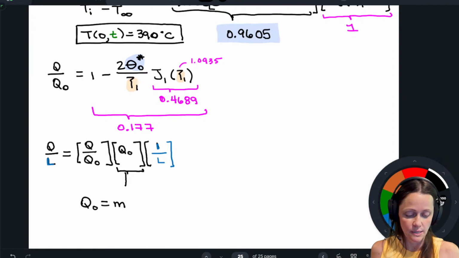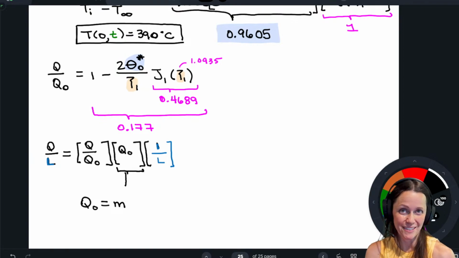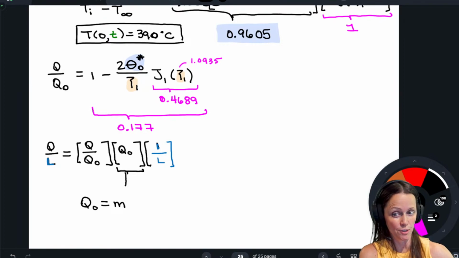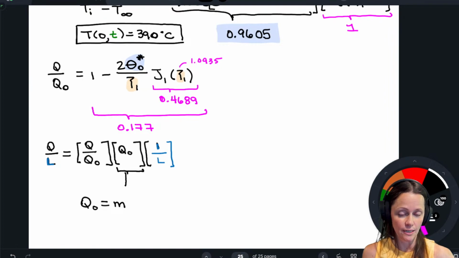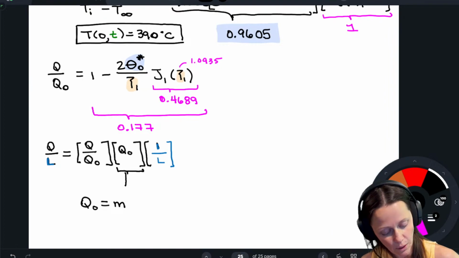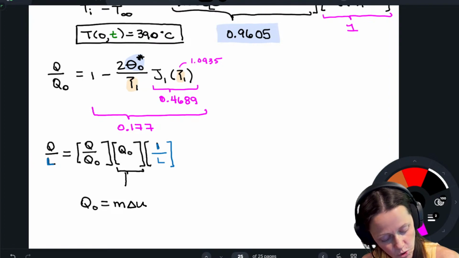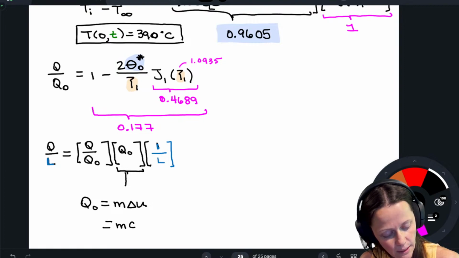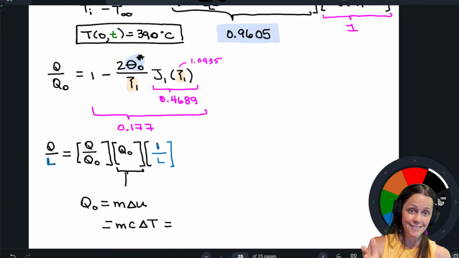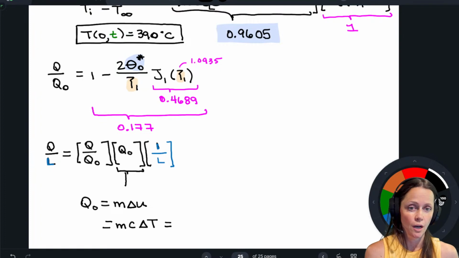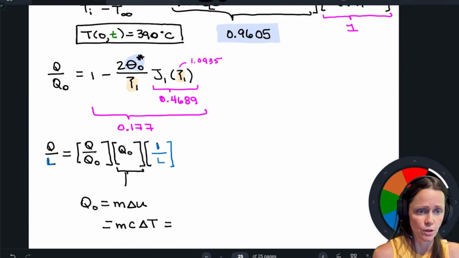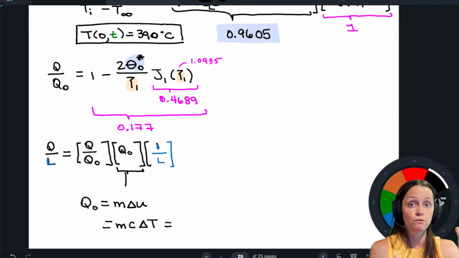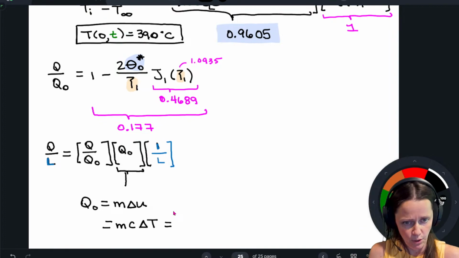We said, okay, if I apply my first law of thermodynamics, Q minus W equals delta U plus delta kinetic energy plus delta potential energy, everything would cancel out except the Q and the delta U. And if it's an incompressible substance, which is what we have, we can put this as MC delta T, where the delta T is as this thing goes from an initial temperature of 400 degrees to a final temperature of 150.